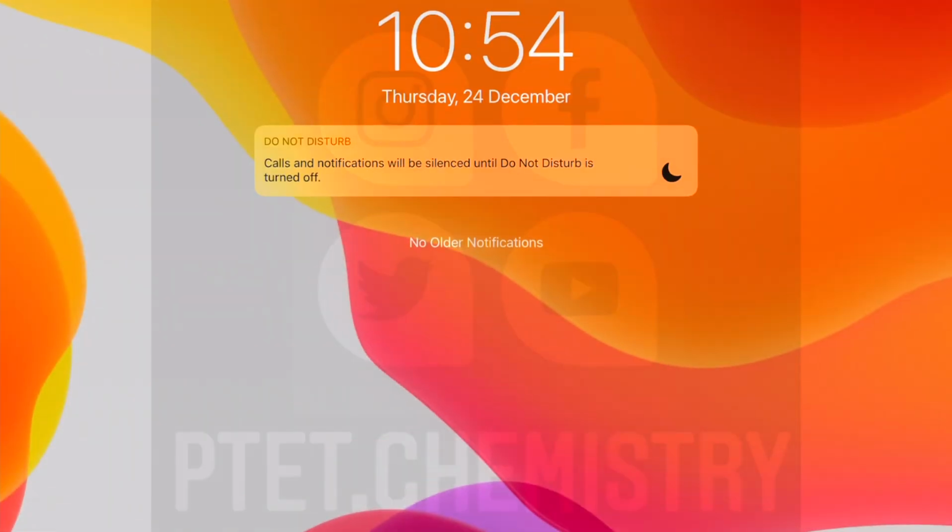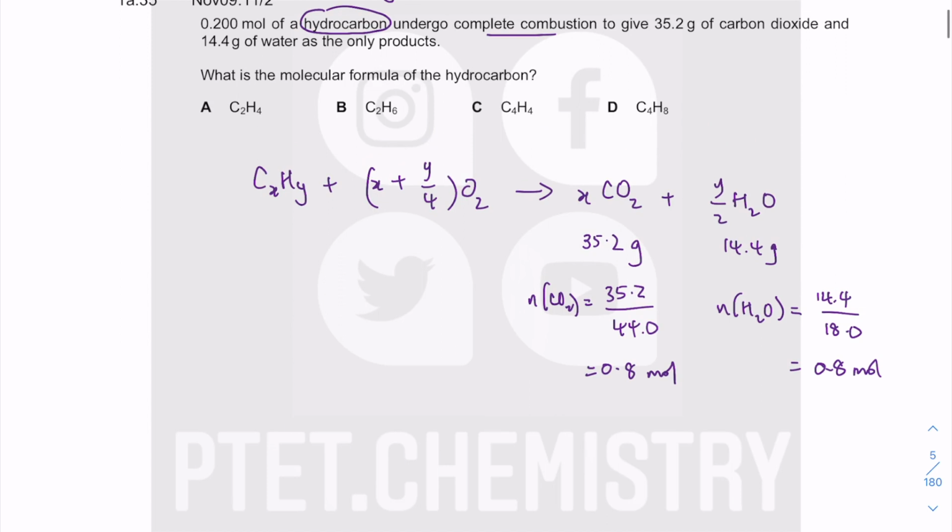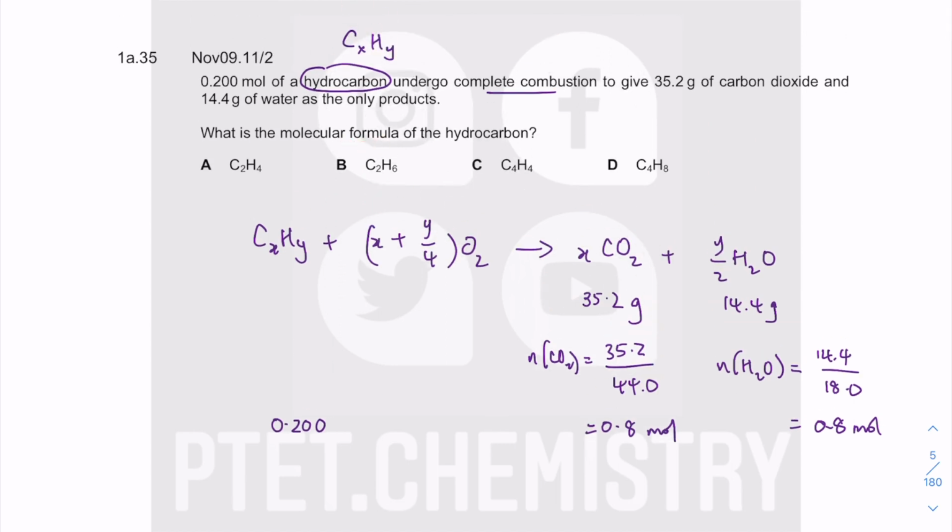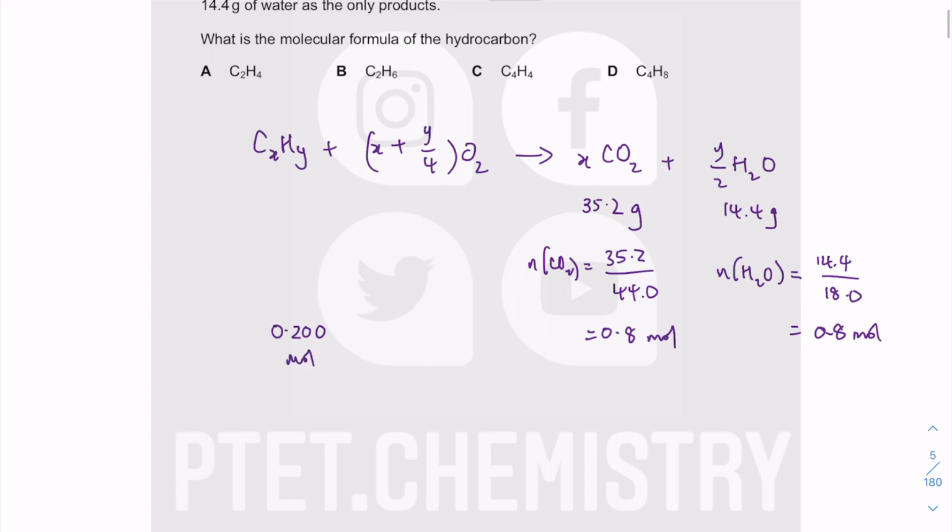So what I can do now is simplify the mole ratio, to compare the mole ratio to get the values of x and y, which we need to work out the molecular formula of the hydrocarbon, which is CxHy. This is 0.200 mole. I need to make it into 1 mole, because in this equation, this number here is 1. So because this is mole and mole, I would divide by the simplest ratio for this number here, because I want to get 1 in front.